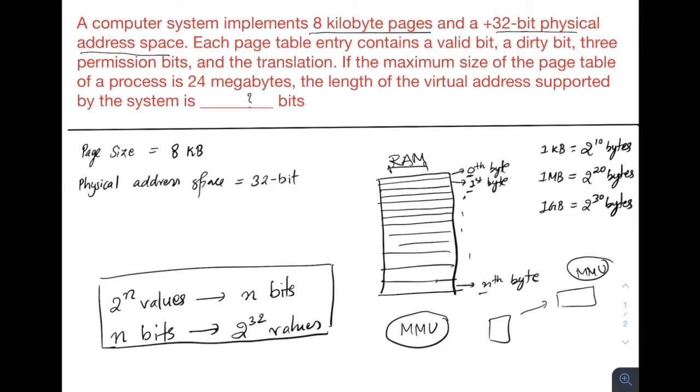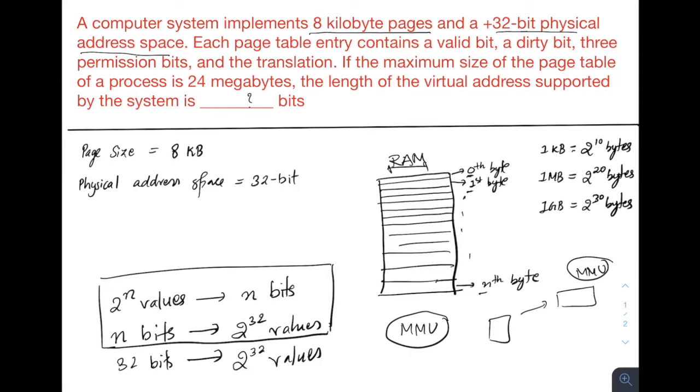So here I am telling you that you have 32 bits to store the physical address space. So a maximum of 32 bits to store all the physical addresses that you have in the RAM. How many different values can the physical address space take? Using 32 bits, the maximum number of values is 2 power 32.